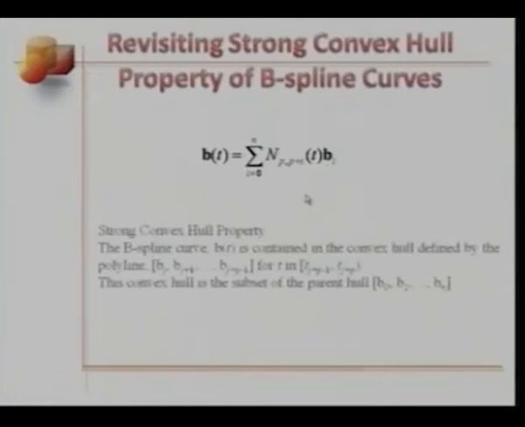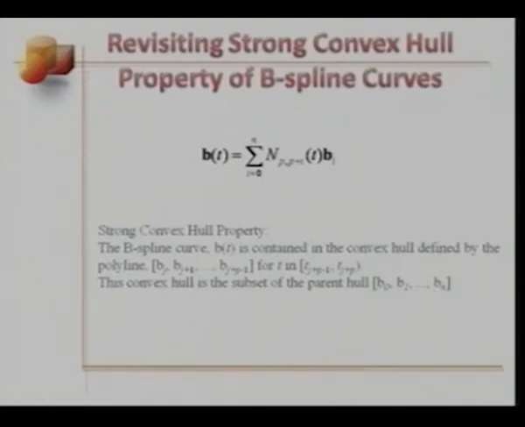The strong convex hull property would state that the B-spline curve P of t is contained in the convex hull defined by the polyline b j plus 1 up till b j plus p minus 1 for values of t in the interval t j plus p minus 1, t j plus p. And this convex hull is actually a subset of the parent hull defined by all the design points that you specify from b0 to bn.